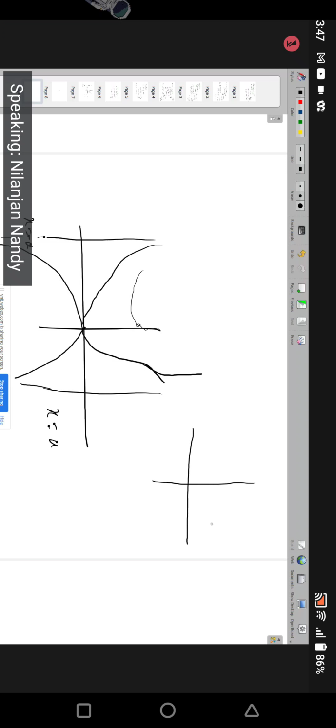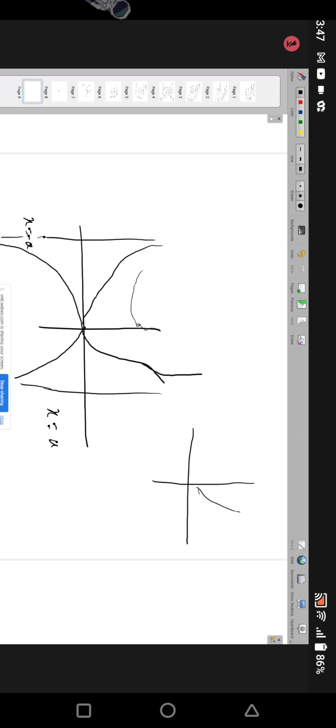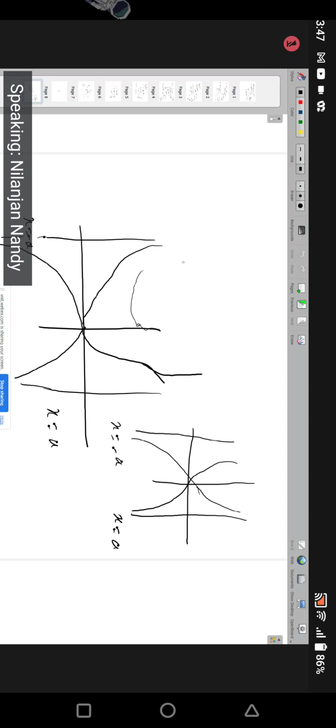So the clear drawing will be like this, both passing through origin, and these are the corresponding asymptotes. Why have I drawn the curve in this manner? First we check if it is passing through origin or not. It is passing through origin, and the curve has asymptote at x equal to a as well as x equal to minus a.